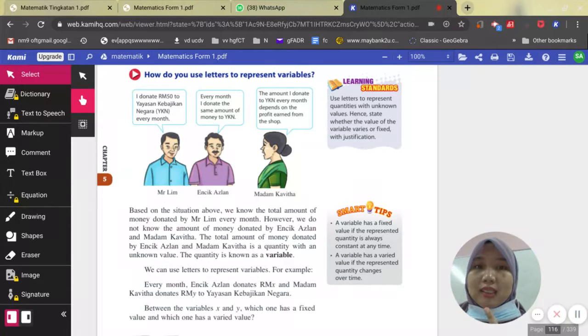And Encik Azlan, he did not mention the value. He did not mention how much, what amount he donates. He just said same amount every month. And Madam Kavita also did not mention how many ringgits she donates.